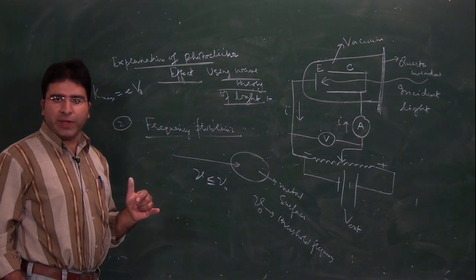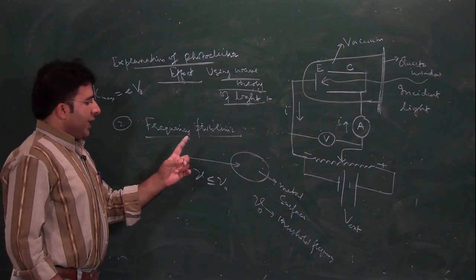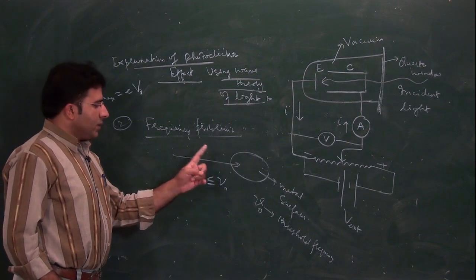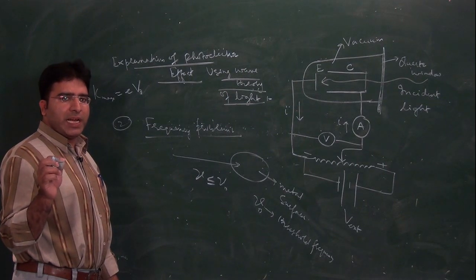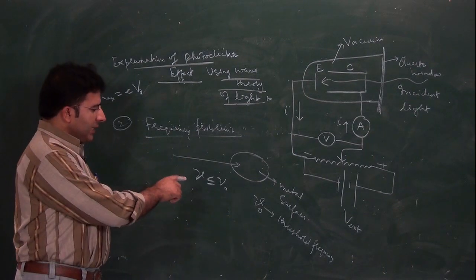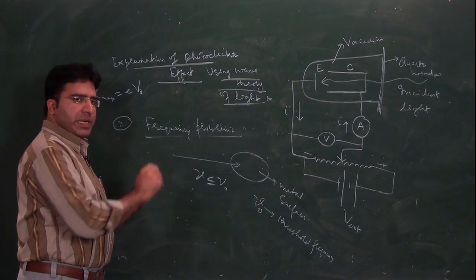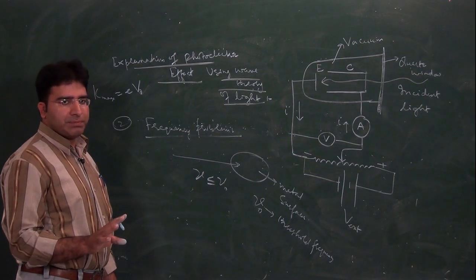No photoelectric effect takes place at that particular frequency. Experiment says for every metal surface, whatever the value of intensity of light, if the frequency of the incident light is less than or equal to the threshold frequency, no photoelectric effect will take place.